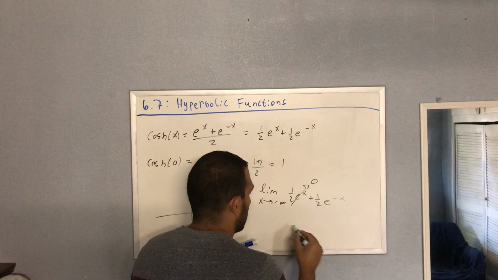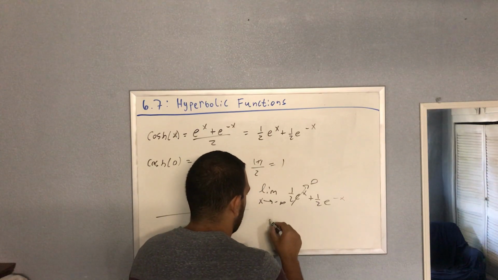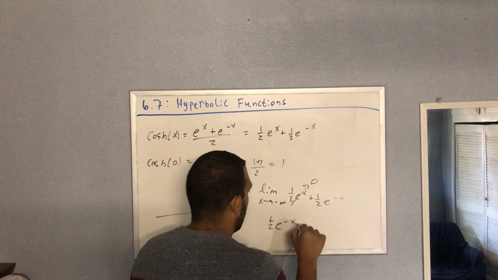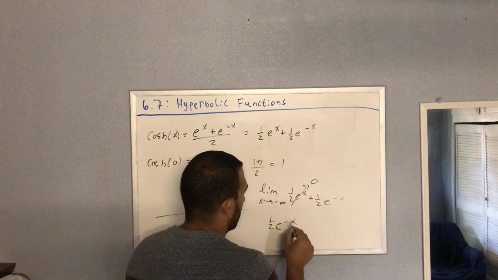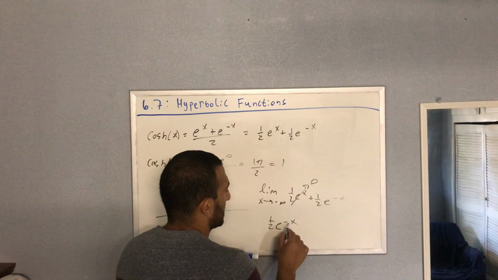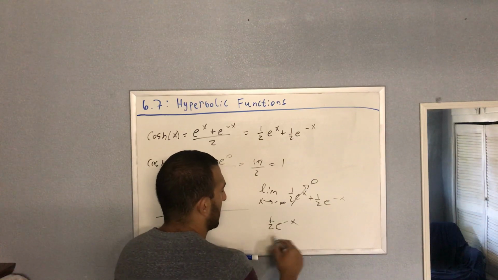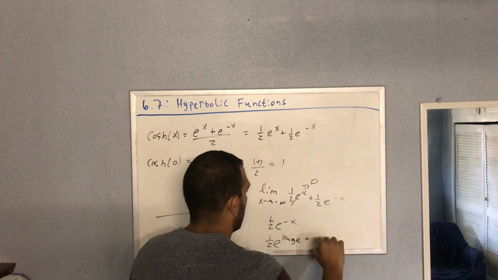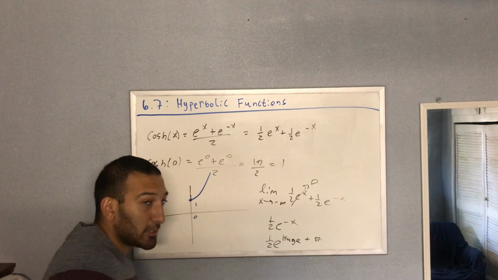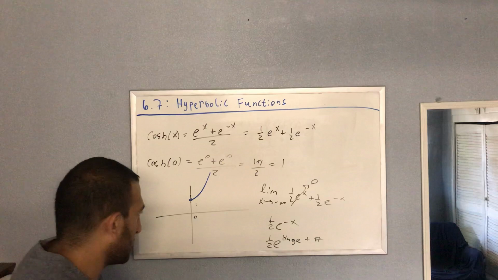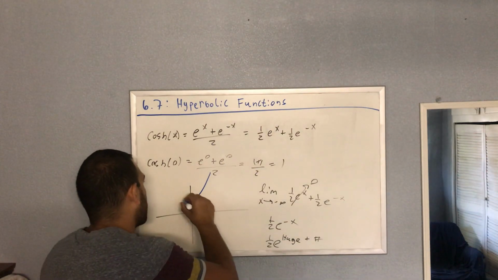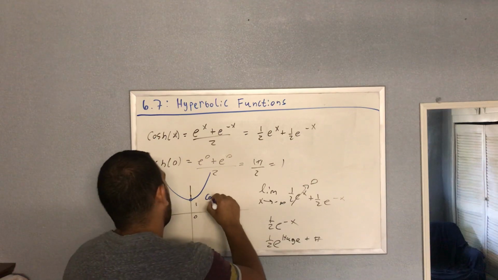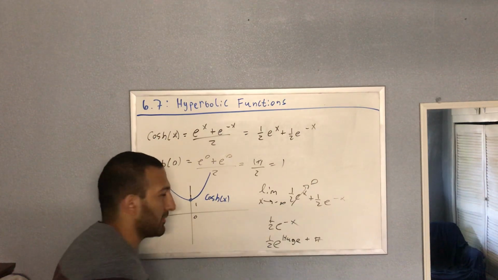So what we get is 1/2 e to the negative x, which if you plug in very large negative numbers is going to be like 1/2 e to a huge positive number. So this will also go to a very large positive number. And it looks like this. So this is hyperbolic cosine, graph of that.